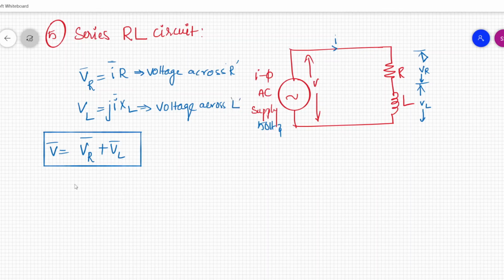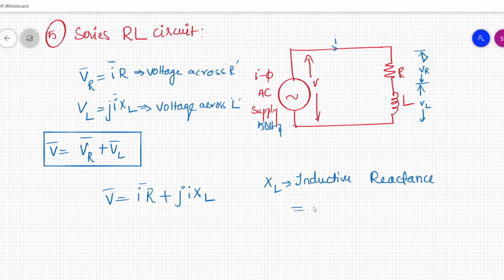Now we have to add these two equations, that is, source voltage V equals I into R plus J into I into XL, where XL is called inductive reactance, which is given by omega L. XL equals omega L, where omega is angular frequency, which is equal to 2 pi f. We have already derived it.